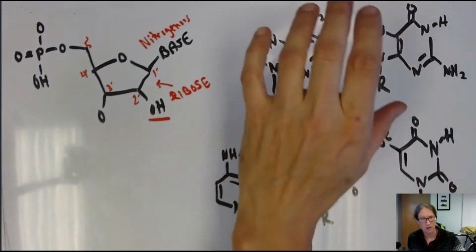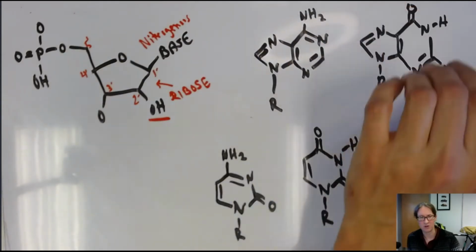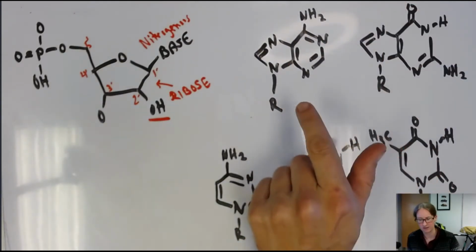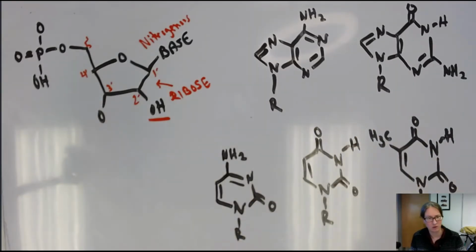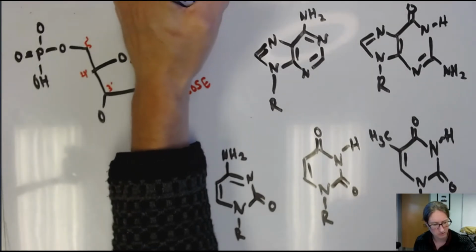Okay, so now these top 2 flavors up here, you'll notice each have 2 rings. And so these 2 molecules are referred to as the purines.